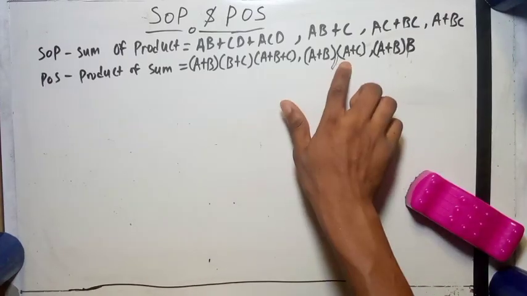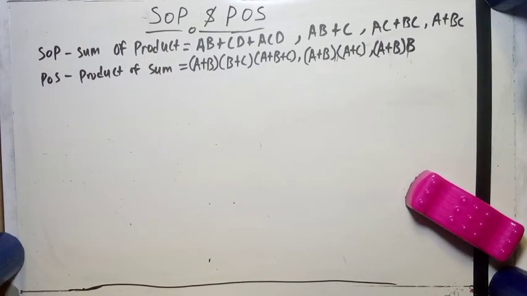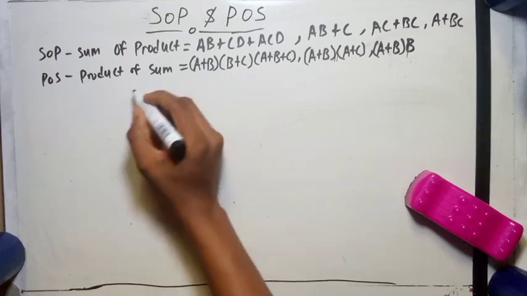Now we are done with the examples. Now let us go into the next thing that we have, which is what? Canonical form of our SOP and POS.